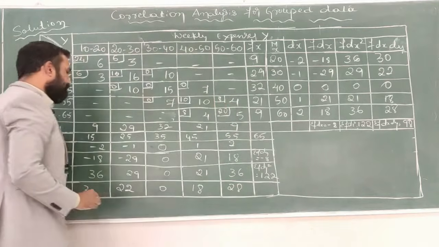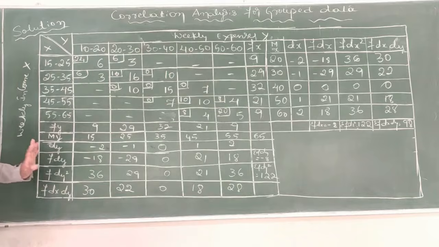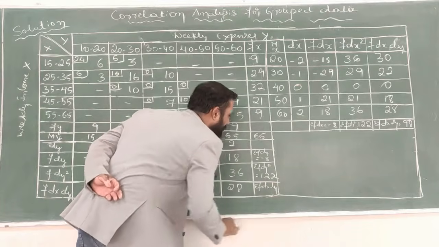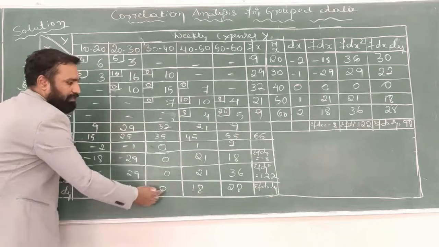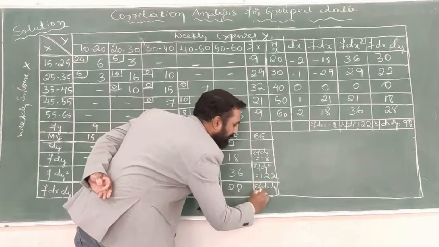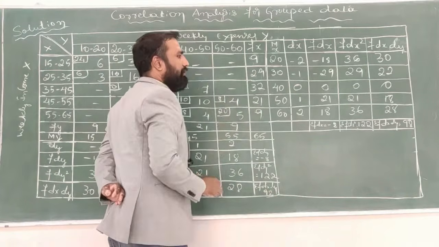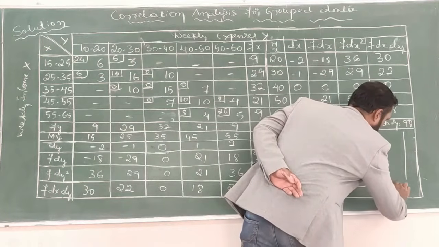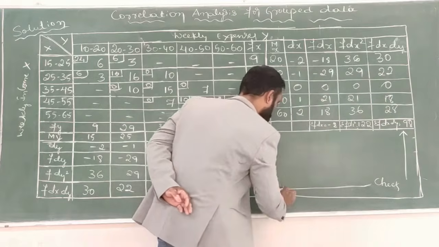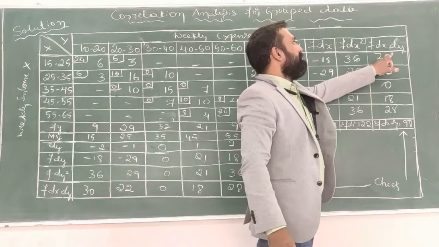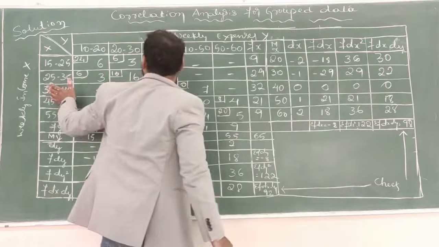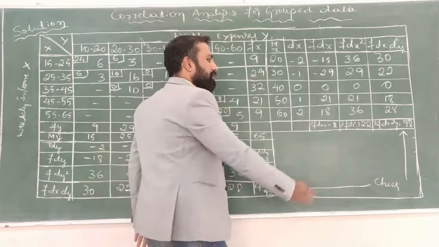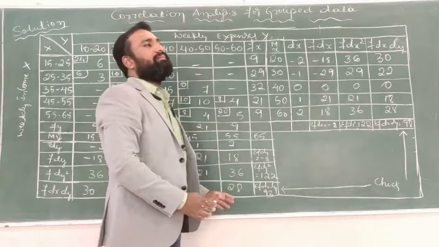If you sum f into dx into dy, the value is 30 plus 22 plus 18 plus 28. The value is 98. Now you check. F into dx into dy of the x variable and f into dx into dy of the y variable, both the values will be the same. So it means the table is correct.